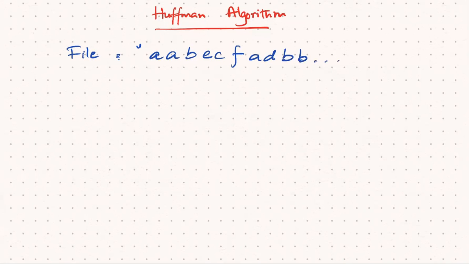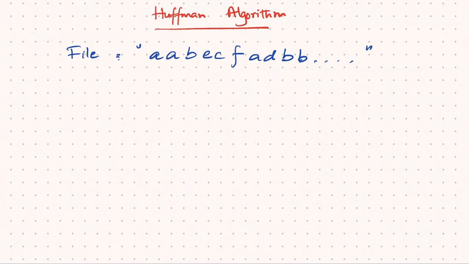So a file is made up of a sequence of these characters. Now we need to store this file, and so we of course need to store it in a binary form, right? So we need to store it using zeros and ones. So we have to have some way of encoding the file in binary.